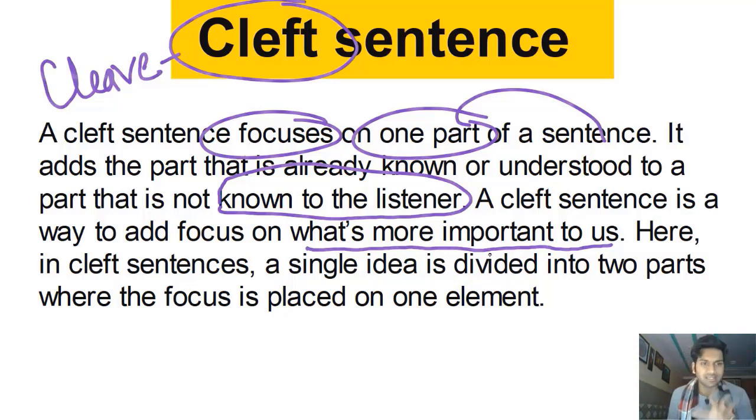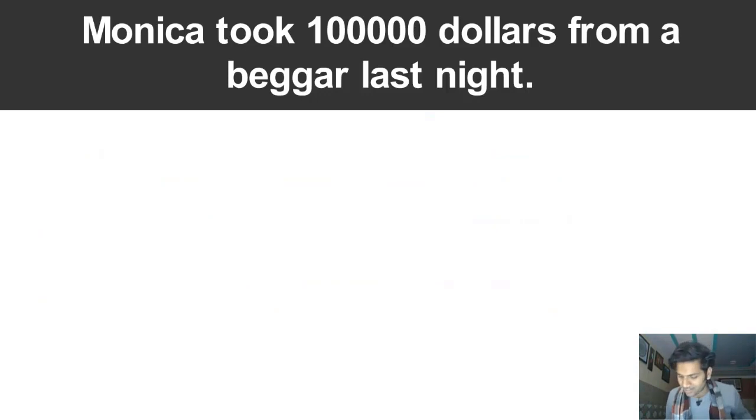Now here in cleft sentences, one particular idea is divided into two parts, as I just said, where the focus is placed on one particular element, right? So now we know what a cleft sentence is theoretically. Now let's look at an example and understand how it looks like.